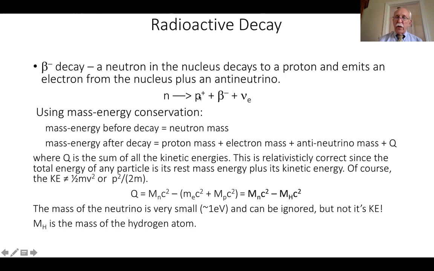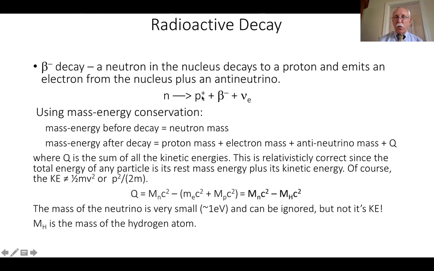There's a slight recoil when the neutron decays to the proton and the beta in order to conserve momentum. But it goes in the ratio of the masses of the two particles. So the proton has a kinetic energy that's the ratio of the beta particle to the proton particle masses.